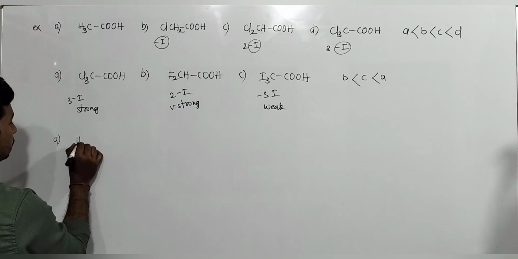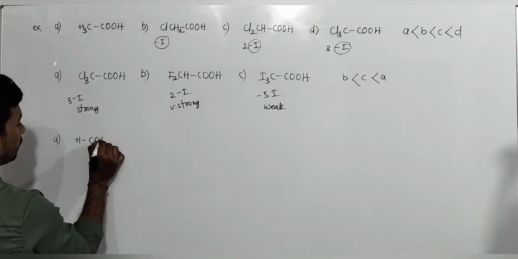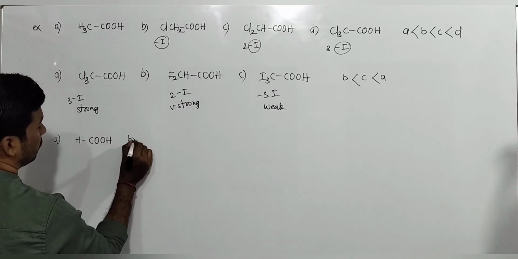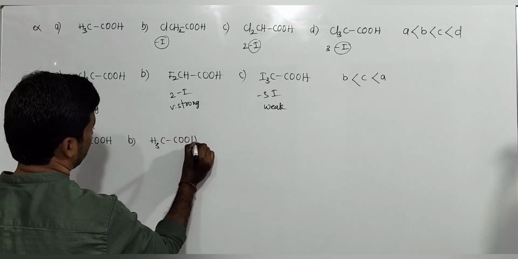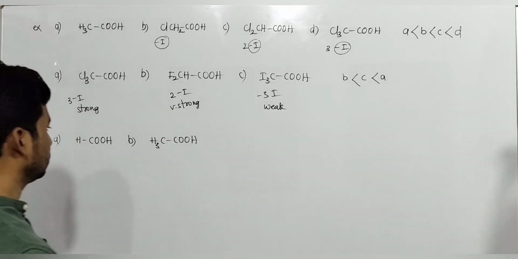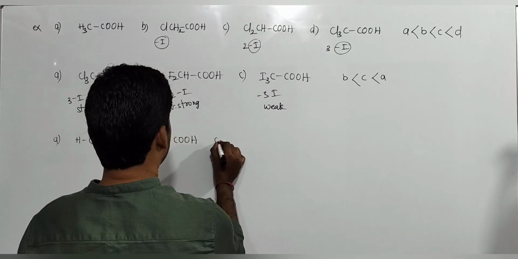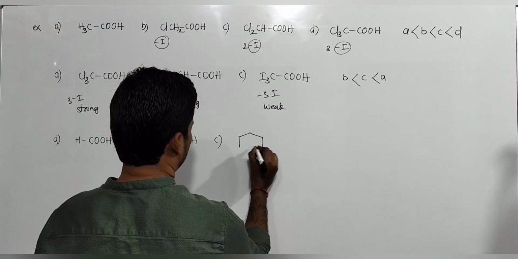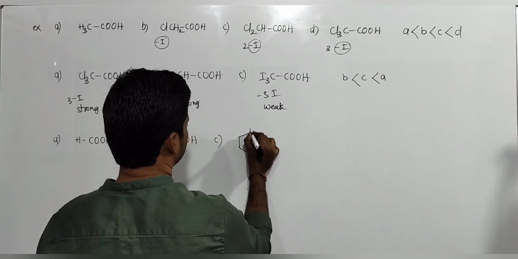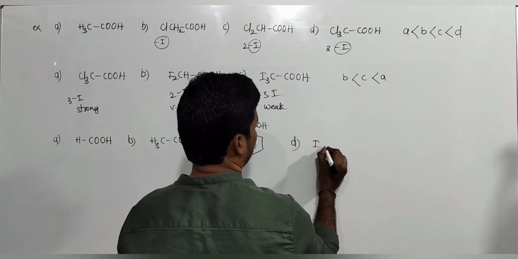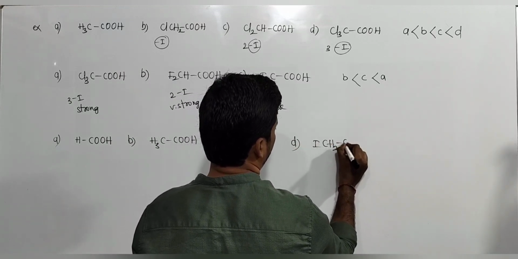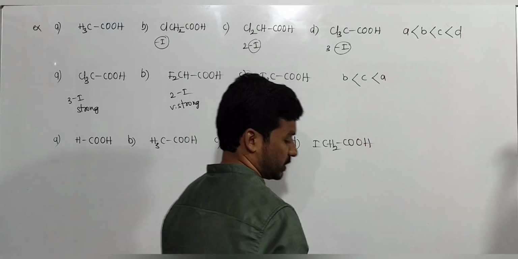Next, if we see formic acid, HCOOH, and acetic acid, and benzoic acid, D iodoacetic acid.